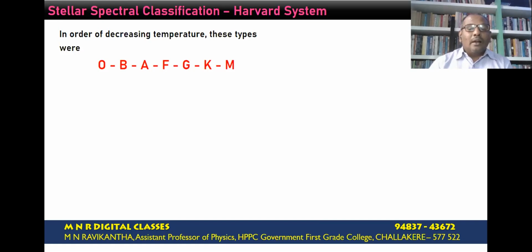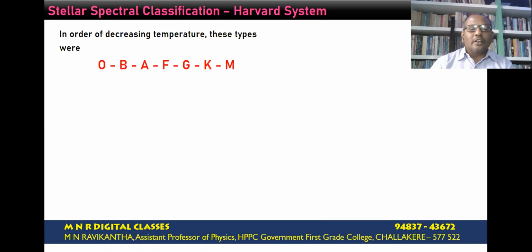Annie Jump Cannon's contribution is that these classes were originally made by Pickering according to the relative strength of the absorption lines in the hydrogen spectrum, but that was not fitting properly. So the modification made by Cannon is that she rearranged these classes in the spectral scheme O, B, A, F, G, K, M, and this arrangement is in the order of decreasing temperature.